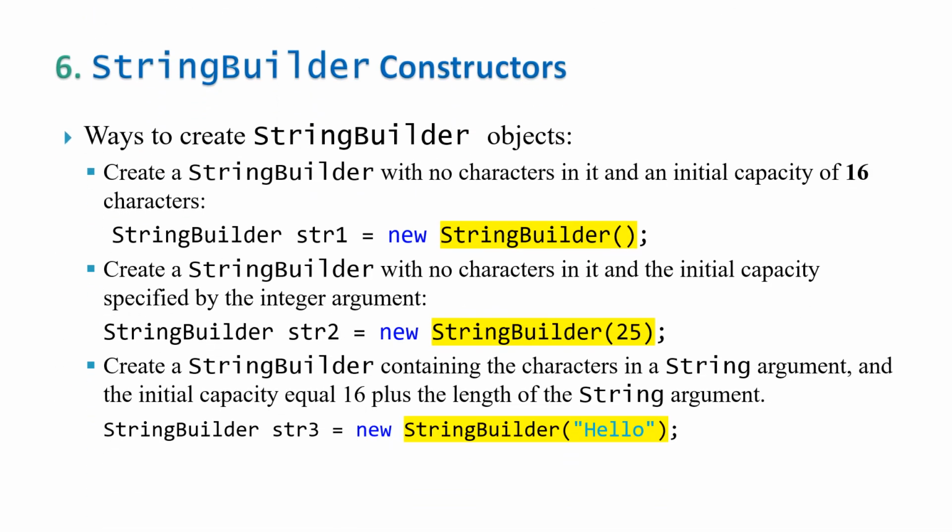Like class String, class StringBuilder also has many constructors, providing many ways to create StringBuilder objects. The first way is to invoke the StringBuilder constructor without any argument. This invocation will create a StringBuilder object with no characters in it and an initial capacity of 16 characters.